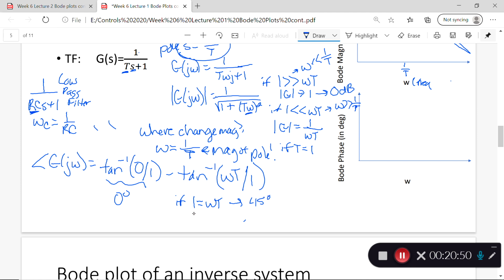Okay, if my 1, the real part of my denominator here, is equal to 10 times my imaginary part, which was omega t, so this is real part of denominator equals 10 times the imaginary part of my denominator, or again, looking for that pole.